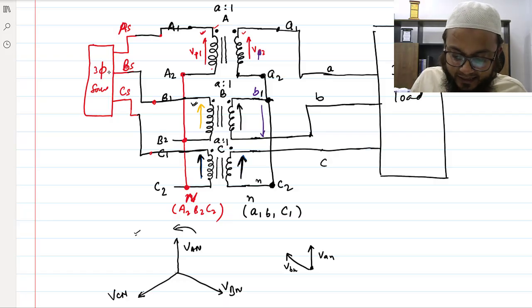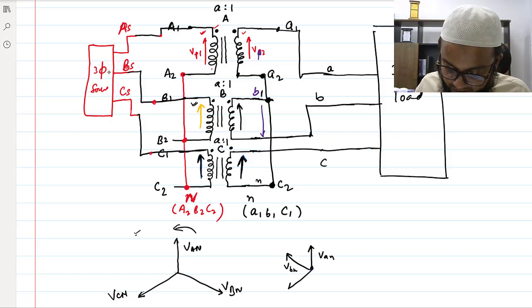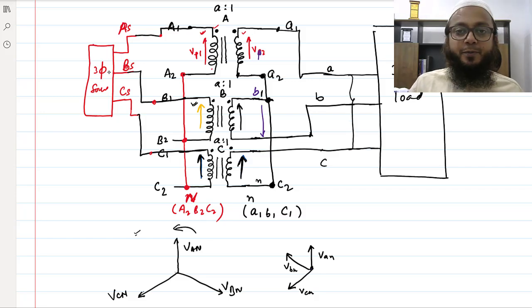So this VBN is actually opposite to the voltage that was induced there, right? So I can say that means what was there at the primary side. So VBN here and VCN would be here in phase with this voltage. So if you measure between VAC, you will get proper line voltage, no problem.